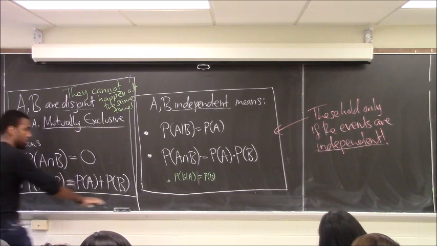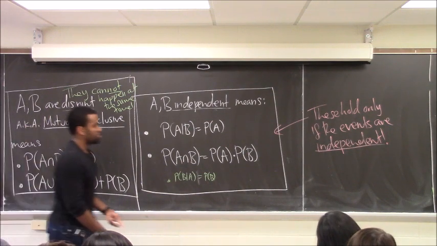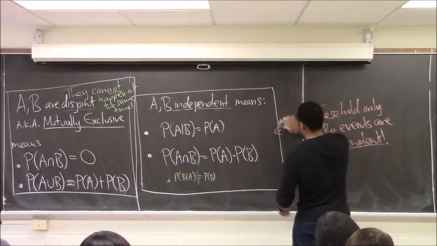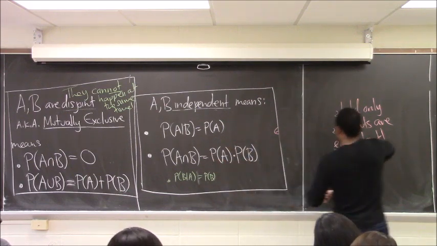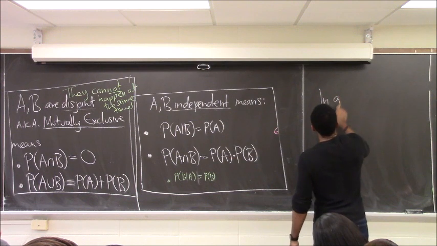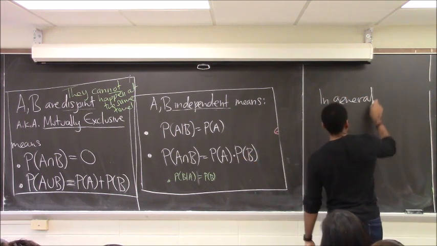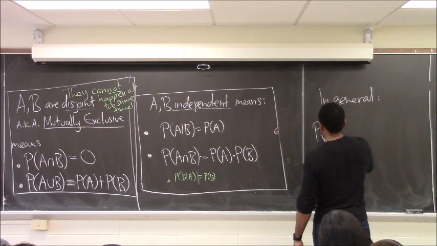Now, I do want to mention also what you need to know. It doesn't matter what order you memorize these in, but you need to know all of them at all times. In general, what is the equation that governs AND versus OR? Well, the law of disjunction.